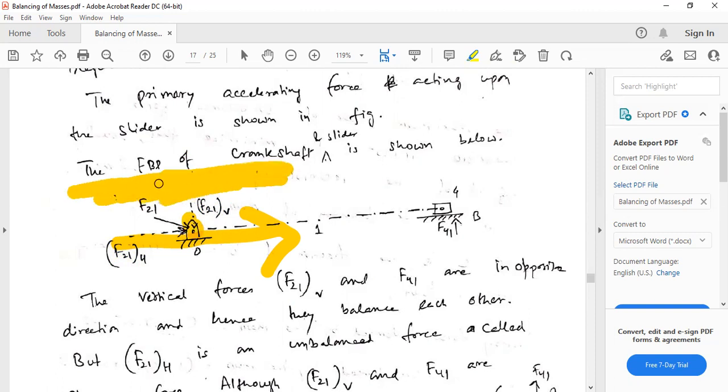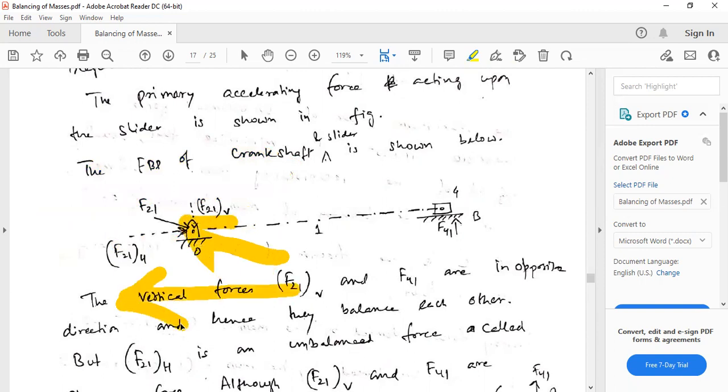This is called a shaking force. In this direction it shakes, because after some rotation, when this F21 force becomes opposite, it will act in the other direction. That's why this F21 is not balanced, and it will cause a shaking force in this case. This is called shaking force.